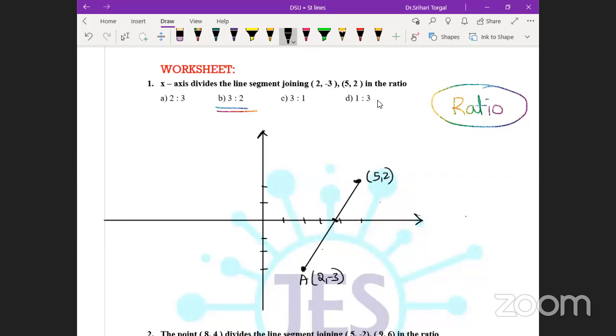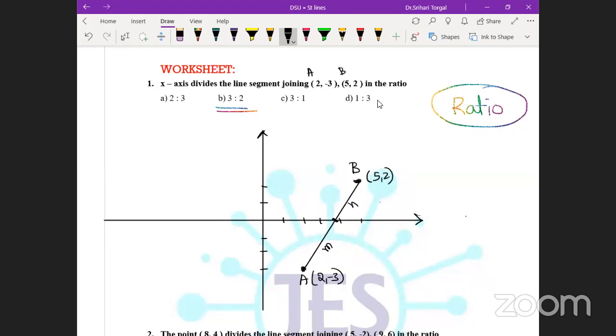You have to find m is to n. Since this is the first point, I have taken it as A and this as B. This must be m. Let me call this B. Now I have to find this m and n.